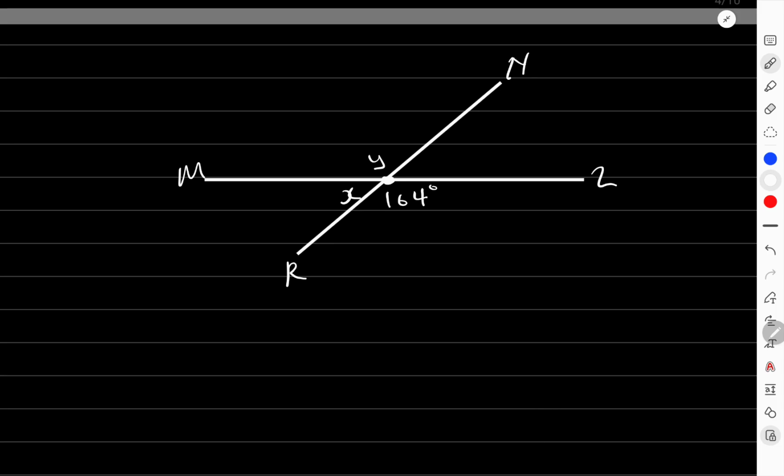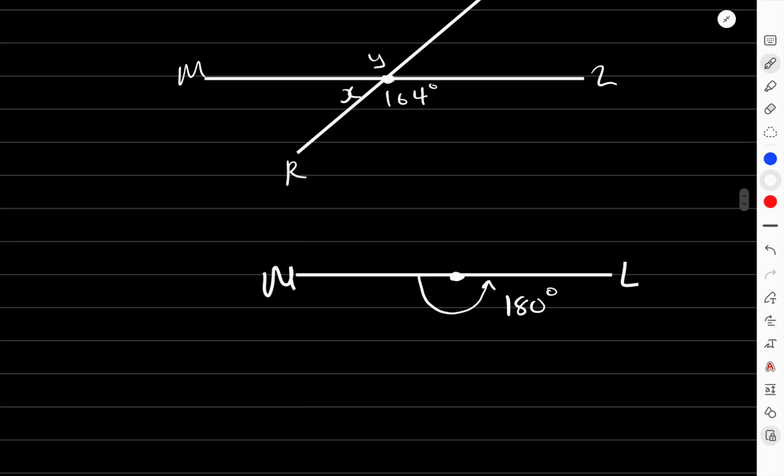For that, I'm going to see that line ML is a line like this, right? I'm going to have M here, L here. With that, I have a vertex found here. Now ML is a straight line, right? It means the angles found over there, all of them combined, should give us 180 degrees, because we know that the sum of angles in a straight line should give us 180 degrees.